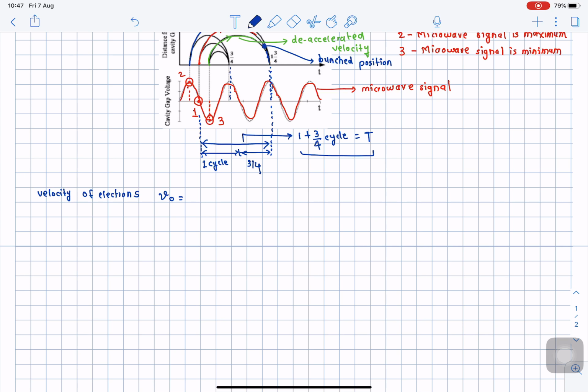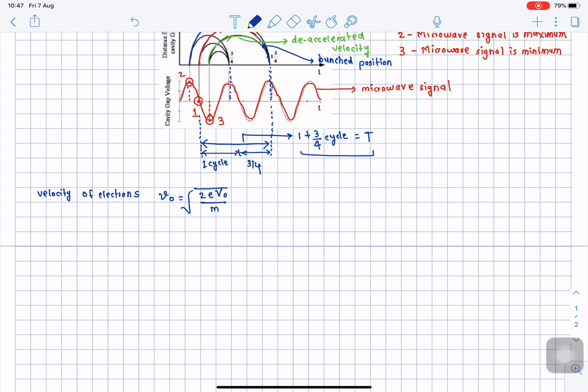How is it given? It is v0 equals the square root of 2eV0 by small m, where e is the charge on the electron, small m is the mass of the electron, and capital V0 is the DC voltage.